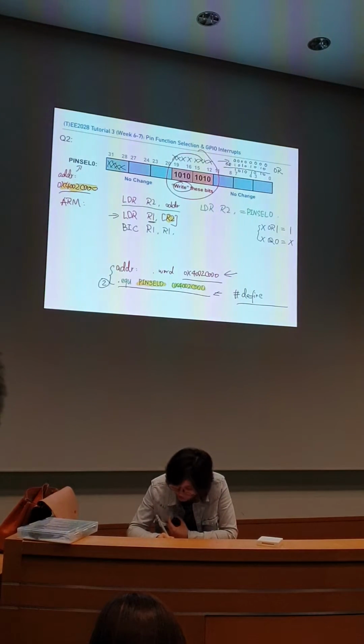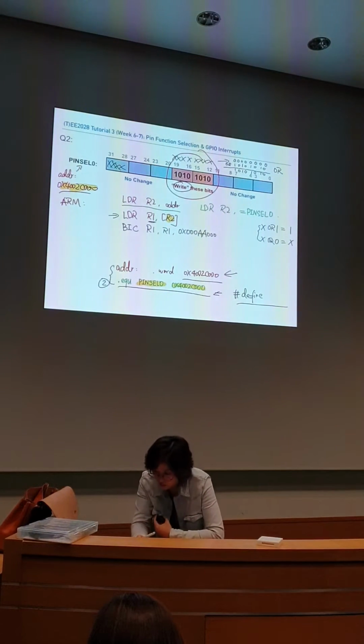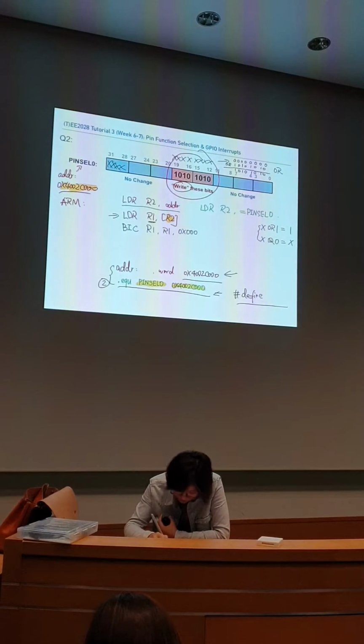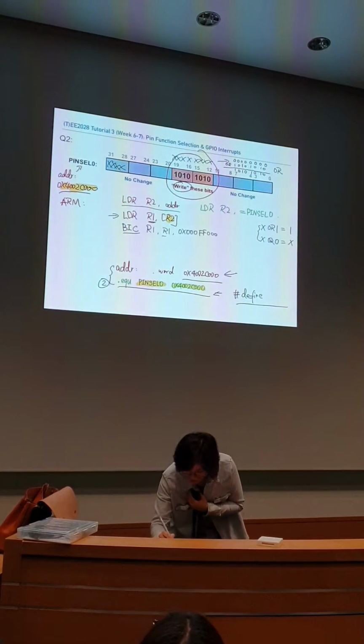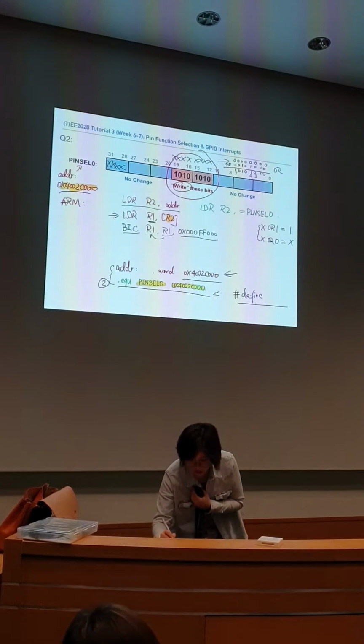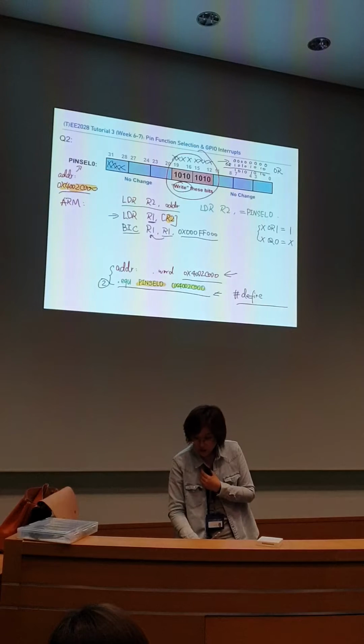R1 and then the mask, FF 0, 0, 0. How BIC works is, the result is stored in the first argument.